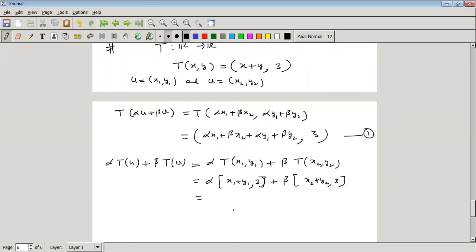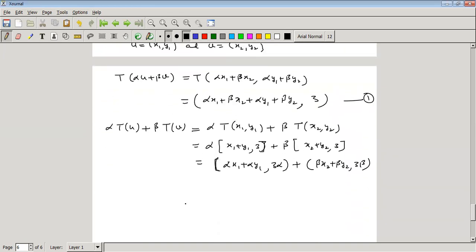So we get alpha x1 plus alpha y1, comma 3 alpha, and beta x2 plus beta y2, comma 3 beta. So if we add these two vectors, we get alpha x1 plus alpha y1 plus beta x2 plus beta y2. So it is same as the first coordinate. The first coordinate is equal, but the second coordinate we get 3 alpha plus 3 beta.